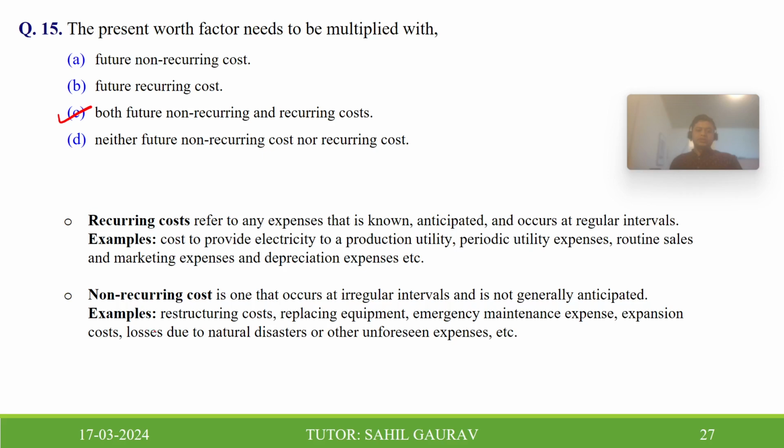While non-recurring cost is one that occurs at irregular intervals and is not generally anticipated. The examples are restructuring cost, replacing equipment, because we don't know when the equipment failure will happen, emergency maintenance expenses, expansion cost, losses due to natural disasters or other unforeseen expenses. So the present worth analysis includes both recurring cost and non-recurring cost.